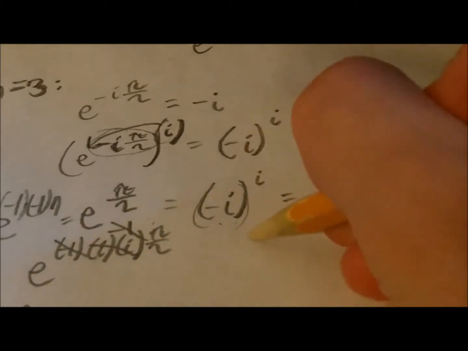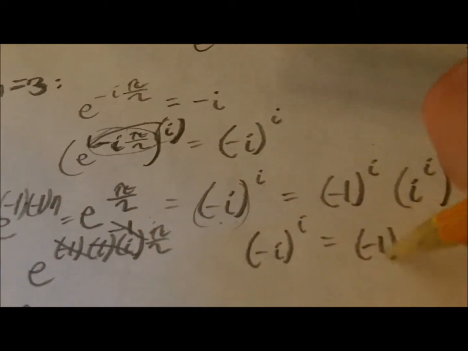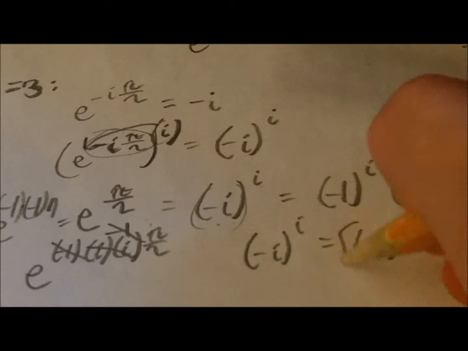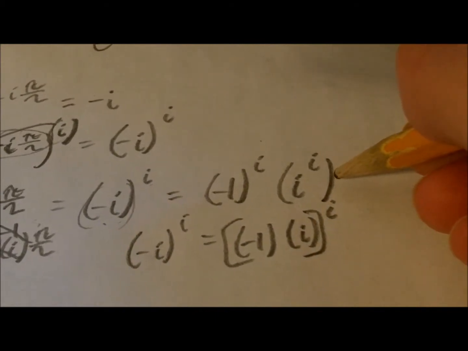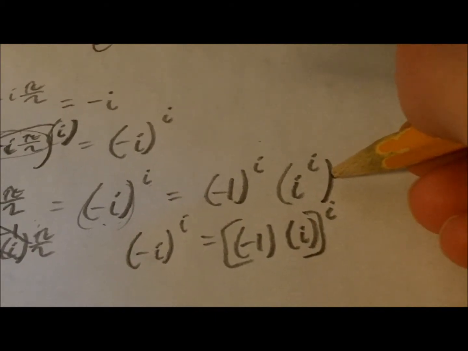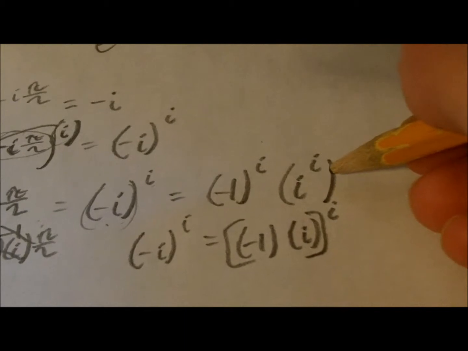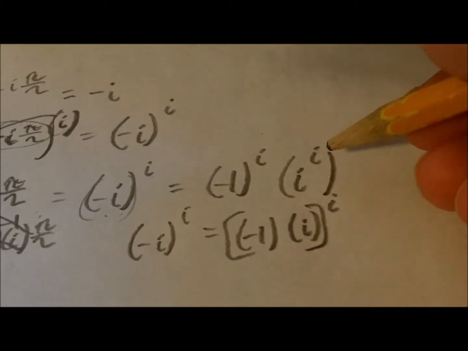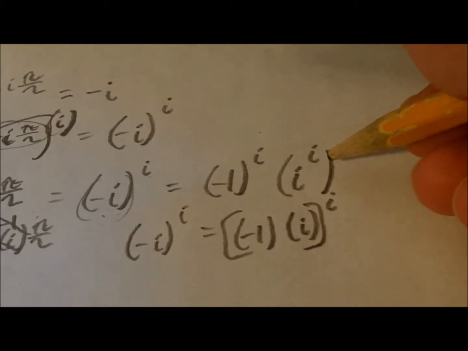We can think of negative i to the i as being negative 1 times i, this whole quantity to the i. Then we can distribute this exponent to each term: negative 1 to the i times i to the i. And i to the i is something we've already determined in the case where n equals 1. You can verify that it's e to the negative pi over 2.